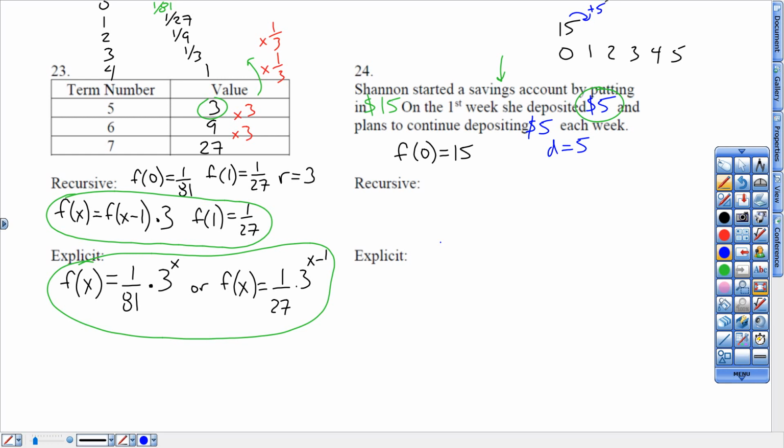So if I take that 15 and I add 5, that gives me how much now is in the bank after the deposit, which was money already in there. But now after my very first deposit, or after Shannon's first deposit, 20. And then as she adds another 5 right there, that of course keeps the pattern going. 25 plus another 5, 30.